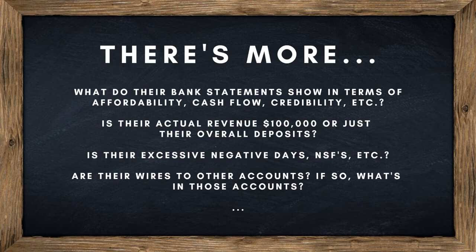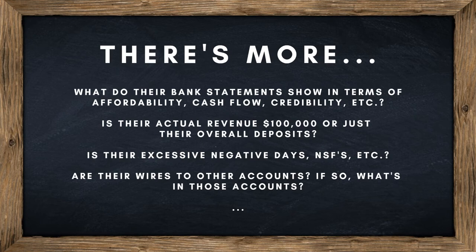Right? What is revenue? What is a suspicious wire? For instance, if they have a wire from Blue Capital Funding for $25,000, that's not revenue. That's a loan, right? So we know their $100,000 in deposits, deduct $25,000, because they don't have $100,000 in revenue. They have $75,000 in revenue.